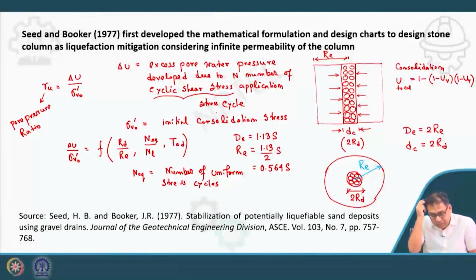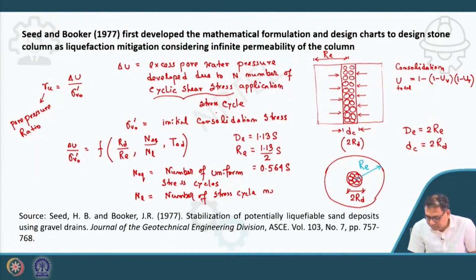Okay, equivalent number of uniform stress cycle, and NL is the number of stress cycle needed or required for initial liquefaction.